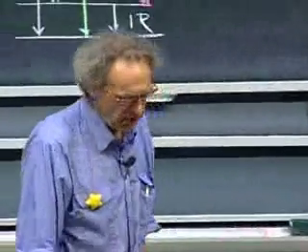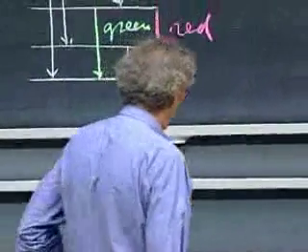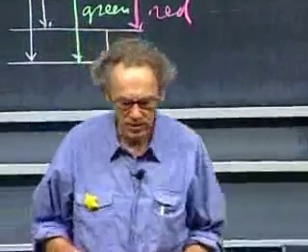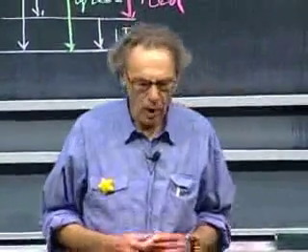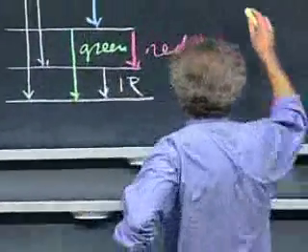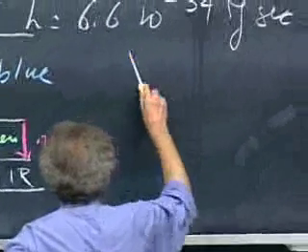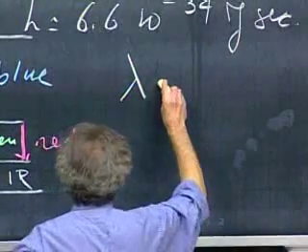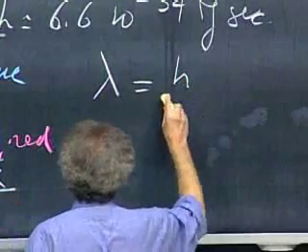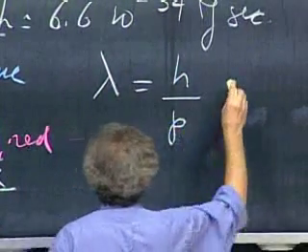In 1923, Louis de Broglie made the daring suggestion that a particle can behave like a wave. And he was very specific that the wavelength, which nowadays is called the de Broglie wavelength, is h, Max Planck's constant, divided by the momentum of that particle.